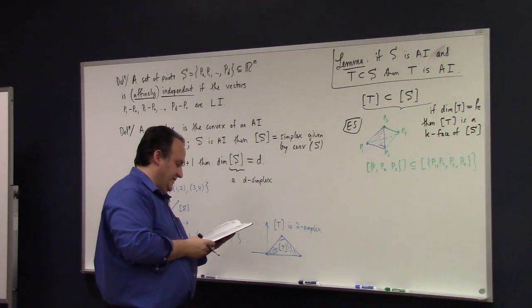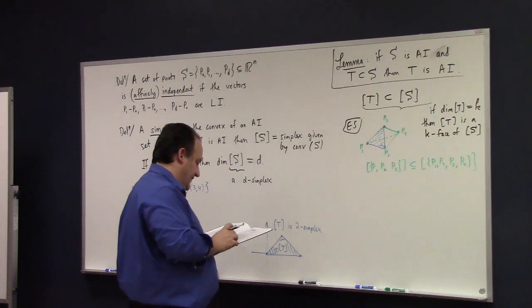The 0 faces are vertices, the 1 faces are edges, the n-1 faces are facets. All right, great.